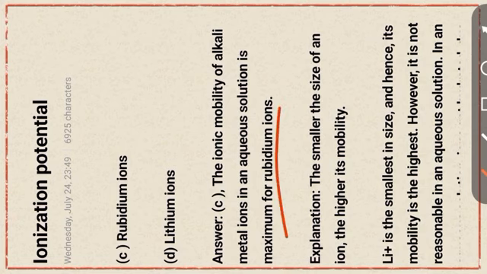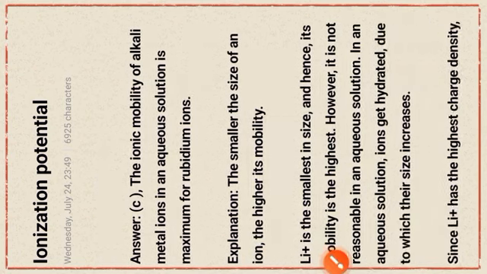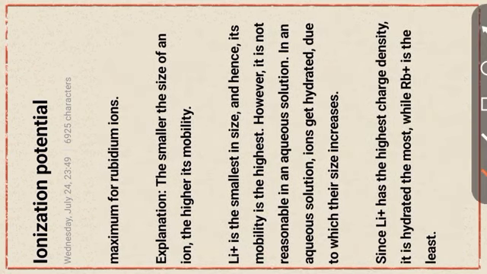The smaller the size of an ion, the higher its mobility. It is the most important point. Lithium Li+ is the smallest in size, so its mobility would be highest. However, that is not the case in an aqueous solution.